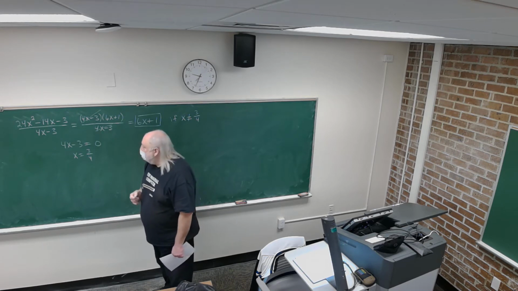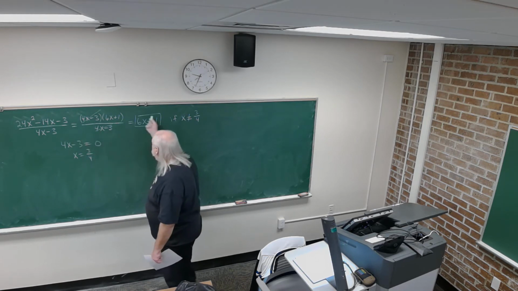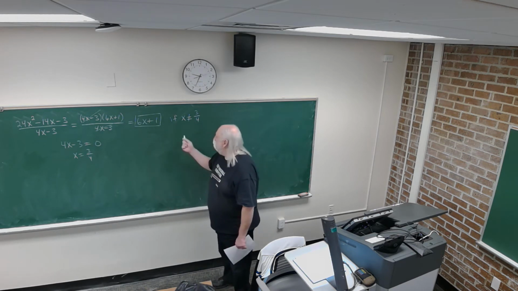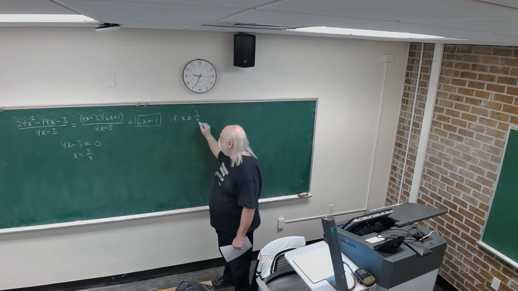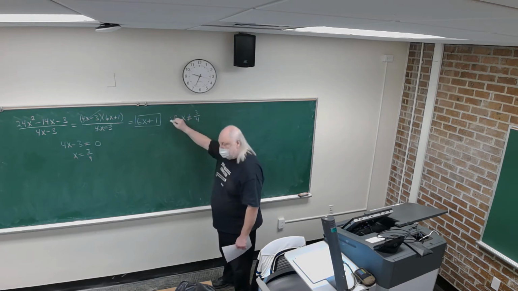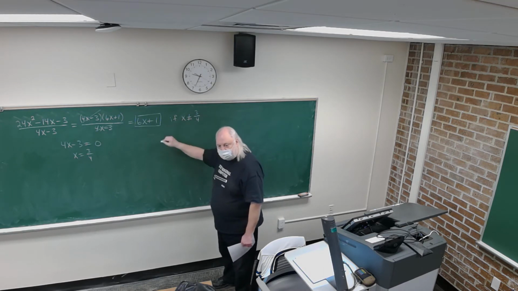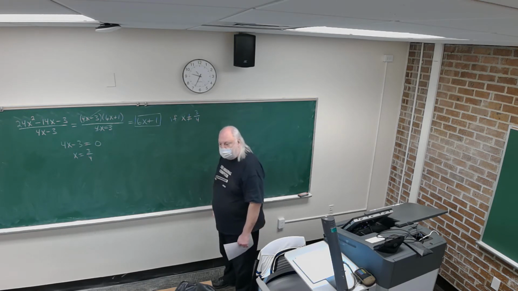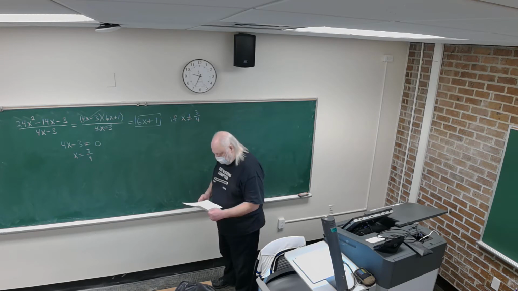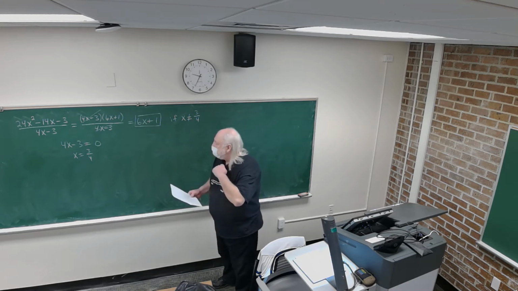So this rational expression equals 6x plus 1 as long as x doesn't equal 3/4. You don't have to write this down, but I'm trying to prepare you for the concept of the domain of a function in chapter 2.